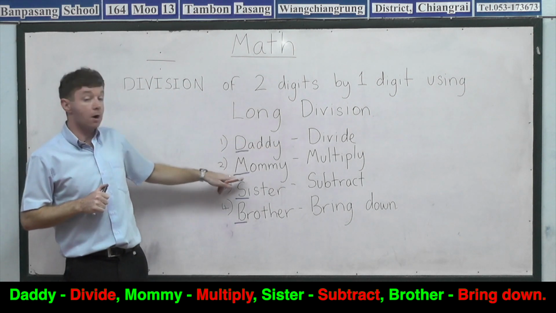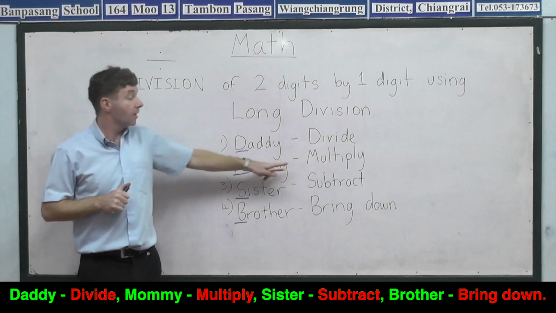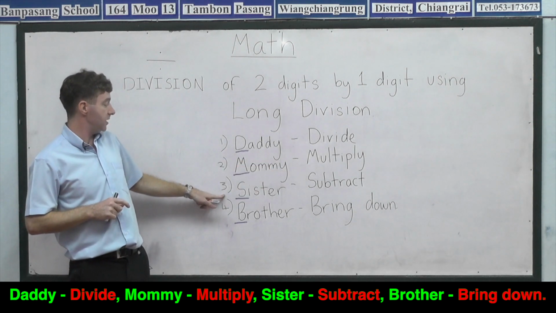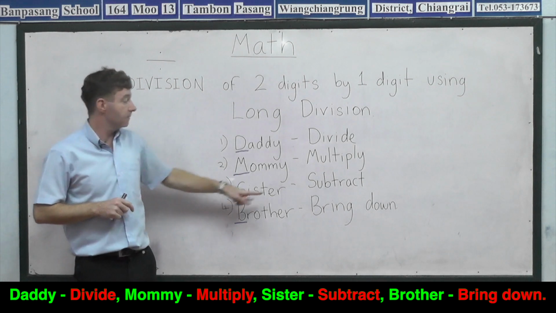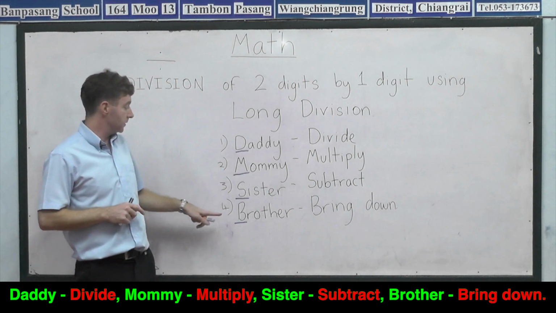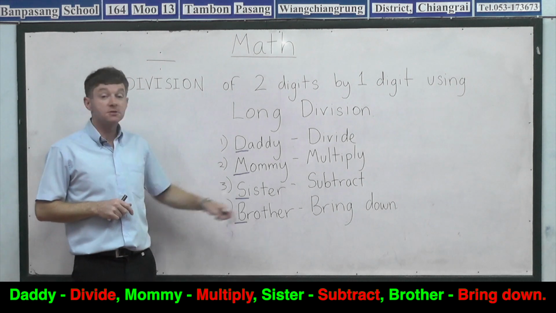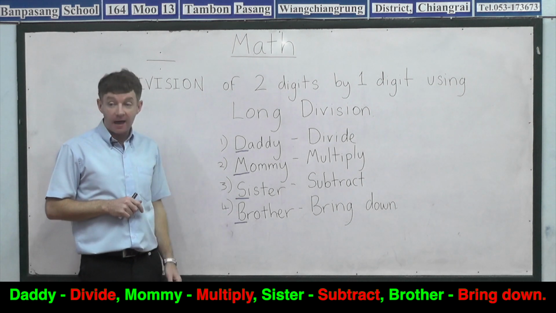Stage 2, Mommy means to multiply. Stage 3, Sister, subtract. Stage 4, Brother means to bring down.